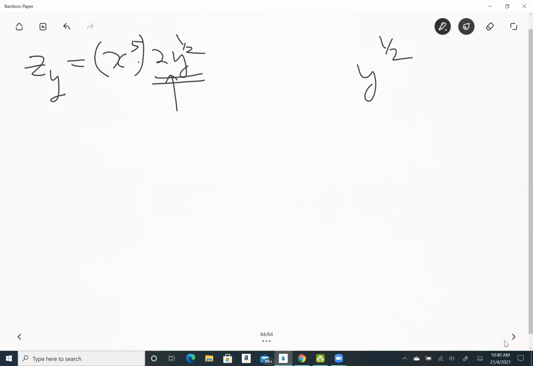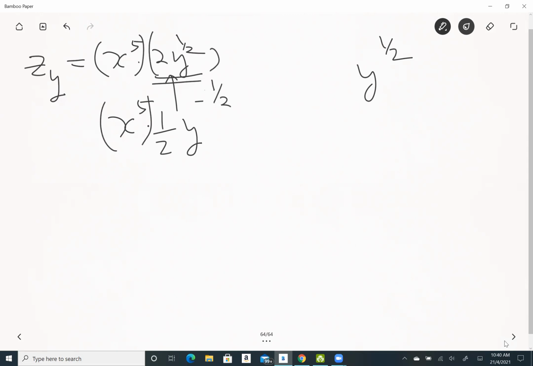So it should be x to the power of 5, 1 over 2, y, and you reduce the power by 1, to the power of negative 1 over 2. So please, you have to do more practice so that we can do the derivative. You know the rule, you know that it is a constant, but unfortunately the derivative is not correct.